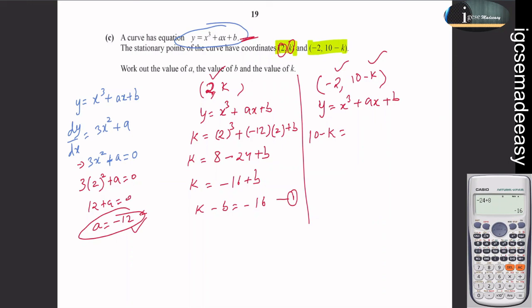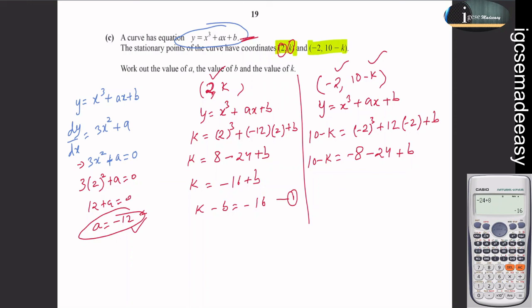Y is 10 minus k. So 10 minus k equals to minus 2 cube plus a, which is 12, and x is minus 2, and b we don't know. So 10 minus k will be equal to minus 2 cube, which is minus 8, okay? Then minus 24, 12 times 2 is 24, plus b, okay?